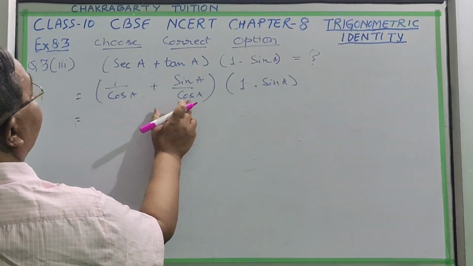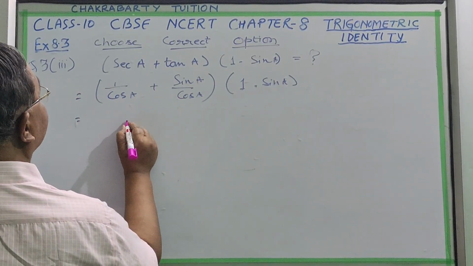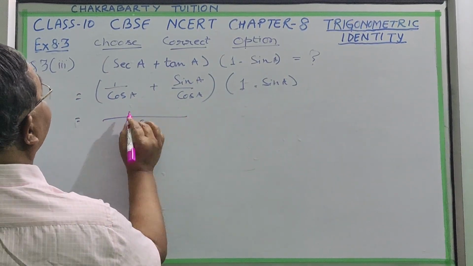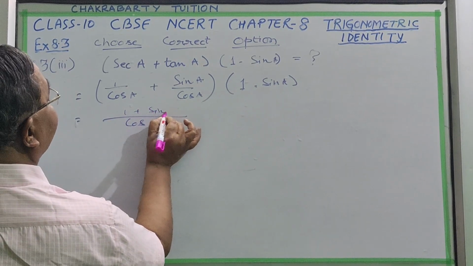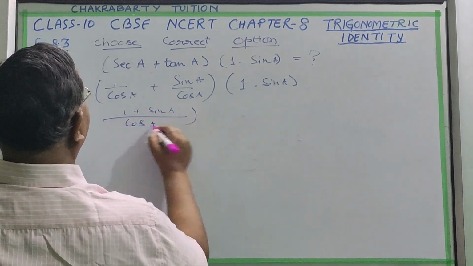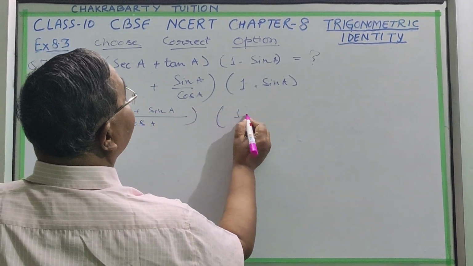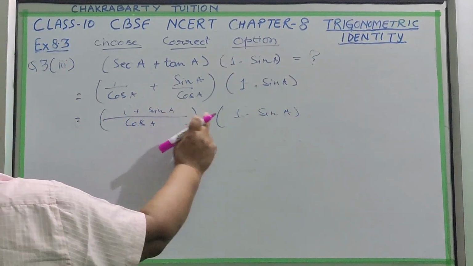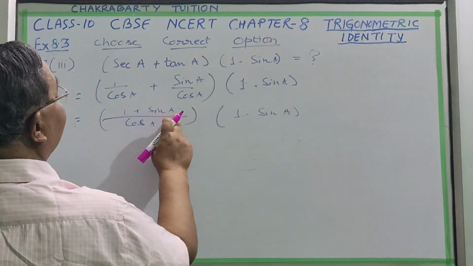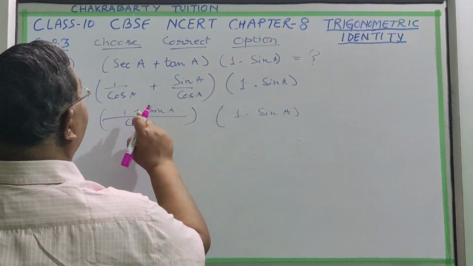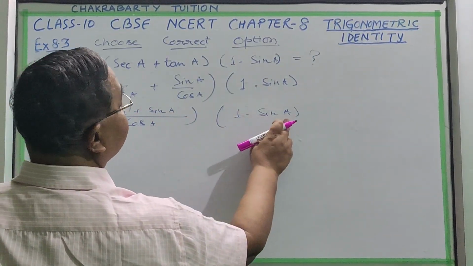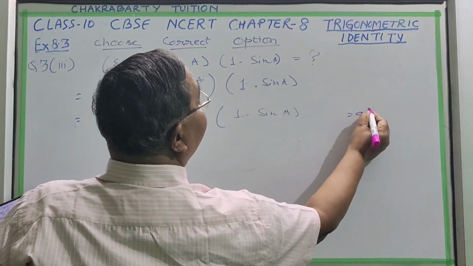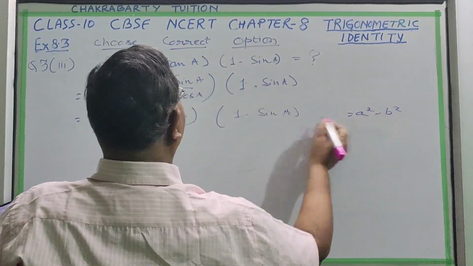So here, if you take the LCM as cos A, what will remain? 1 plus sin A in one bracket, and here 1 minus sin A. So here 1 plus A, 1 minus A. So we can use the A plus B, A minus B, so here we will use the A square minus B square identity.